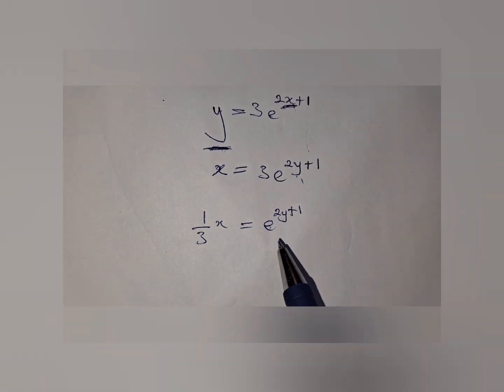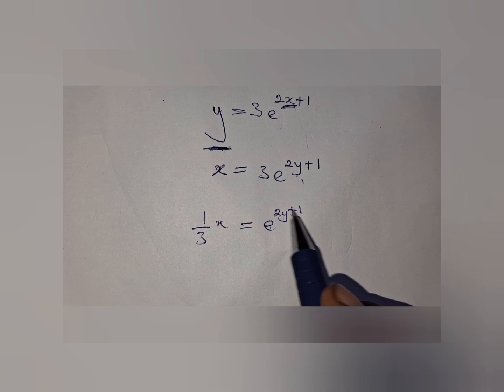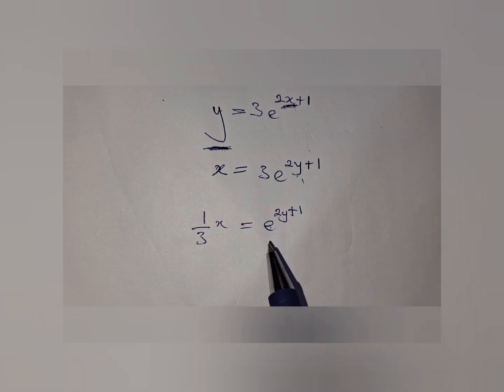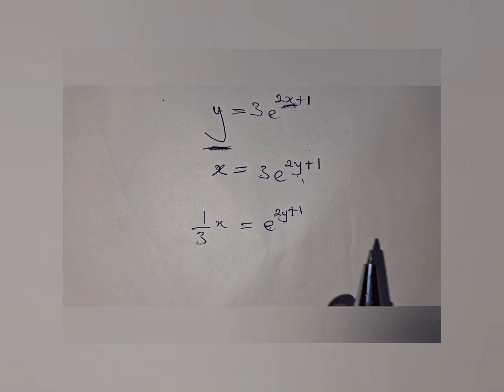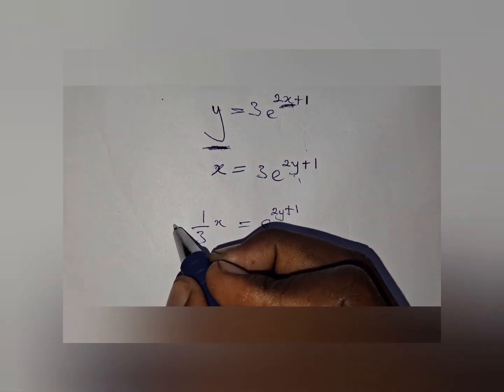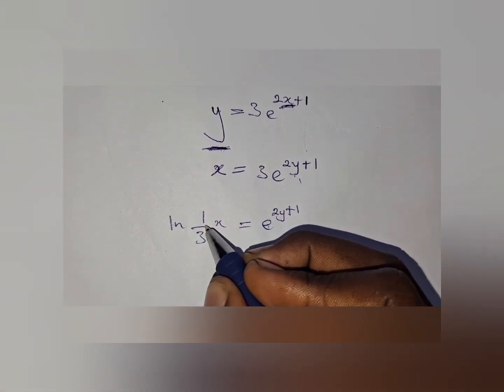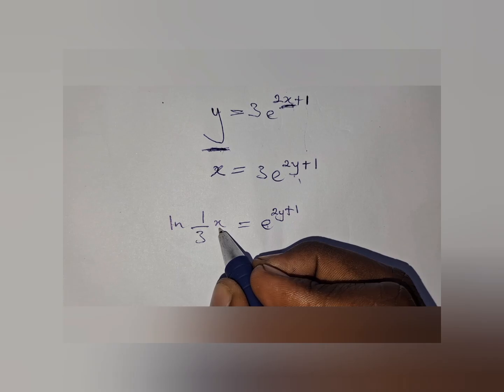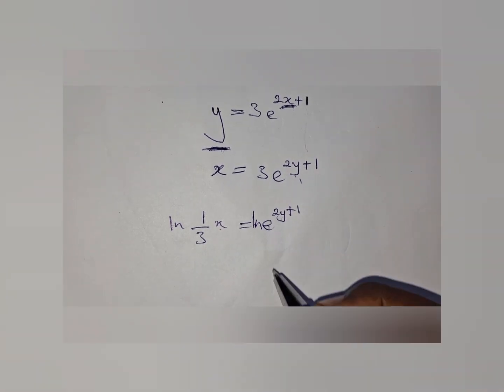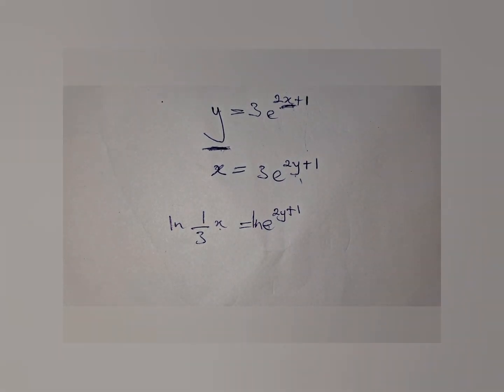This is an exponent, right? Having this exponential function, to simplify everything we introduce the natural logarithm. So here we have ln of 1 over 3 x is going to be equal to the natural logarithm of e to the power of 2y plus 1.